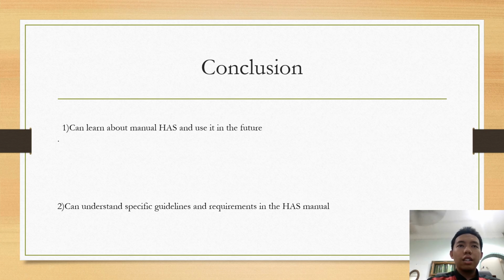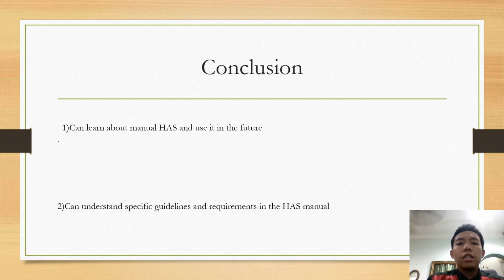What I can learn is about the HAS manual and use it in the future, especially when applying for a job in the industry, because they need graduates or halal executives to help develop their factories and manufacturing to become bigger and stronger.